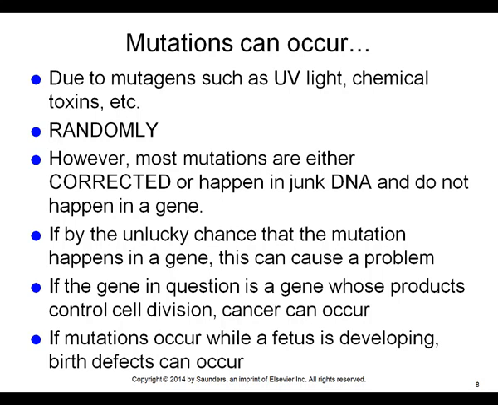If the gene in question is a gene whose products control cell division, cancer can occur. So mutations can lead to cancer, but there has to be a very specific course of events in order for cancer to actually happen. If mutations occur while a fetus is developing, a birth defect can occur.